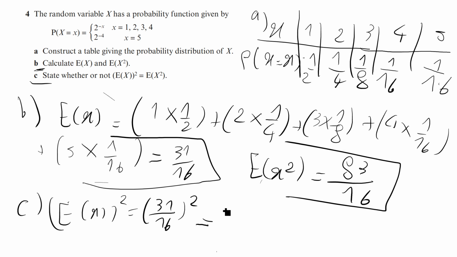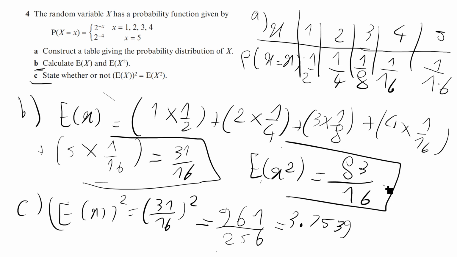Okay, it's 961/256, which can also be written in decimal places as 3.7539 to 4 decimal places.